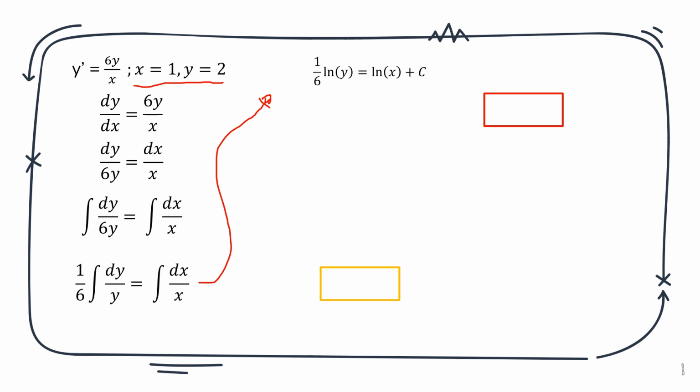So, marirecall nyo naman ang basic knowledge of integrating a case like this. So, ito ang nakuha natin ngayon. 1 over 6 times the ln of y is equal to ln of x plus c.